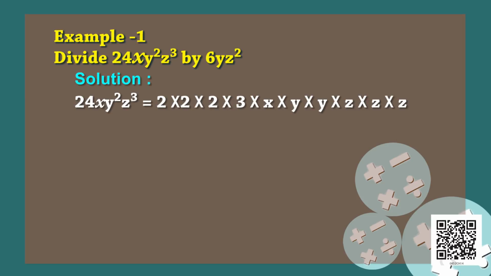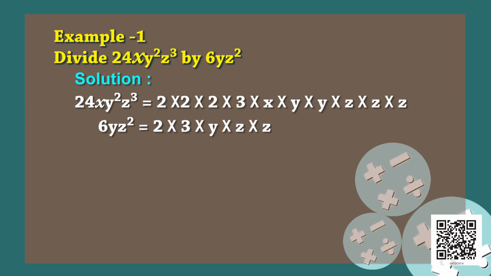Similarly, 6yz square: 6 can be written in the irreducible form as 2 into 3, into y into z square, which is z into z.